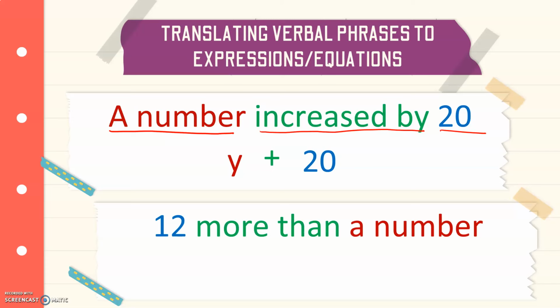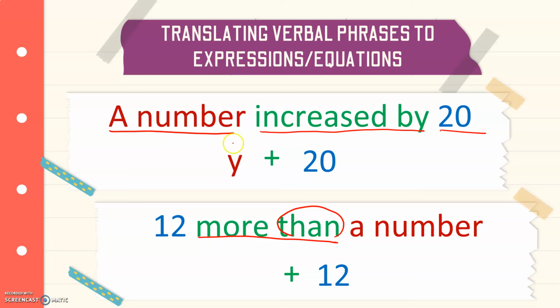Next, 12 more than a number. Take note of this keyword here. We have more than. Whenever you see the word than, it means that we will have to interchange our numbers. So instead of writing 12 plus a number, we will have it as a number plus 12. Again, take note of that. So more than is for addition.